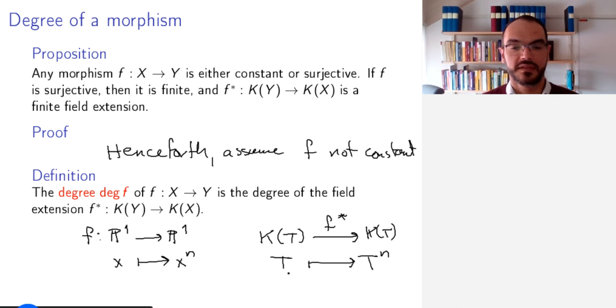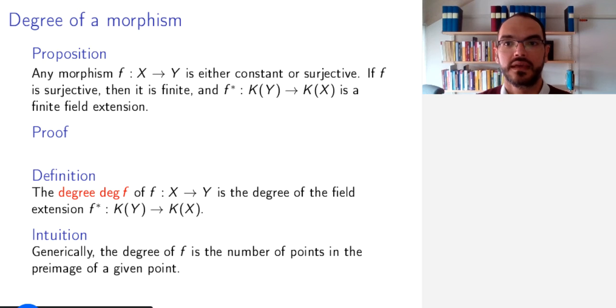So this means that it defines a field extension of degree n of this k(t). So the intuition should be that the degree corresponds generically somehow to the number of points in the pre-image of any given point.